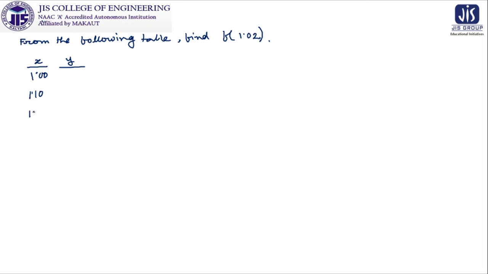It is given to us. Our job is to check whether they are equispaced or not, and we can see yes, they are equispaced, and the value of h is 0.1, and the corresponding value of y is also given.